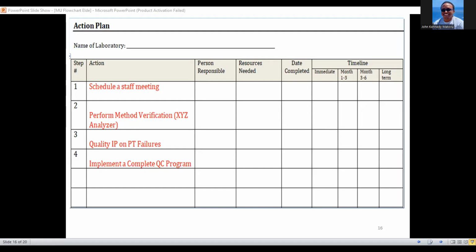Timelines, obviously, if you're going to do your whole chemistry instrument with 32 analytes, it's going to take you a bit longer, okay? So I'm not too stressed about how long it takes. We want to make sure that the process of doing the improvement is completed in the 2 weeks that we have all together. So there may be things that will only come after that 2 weeks.